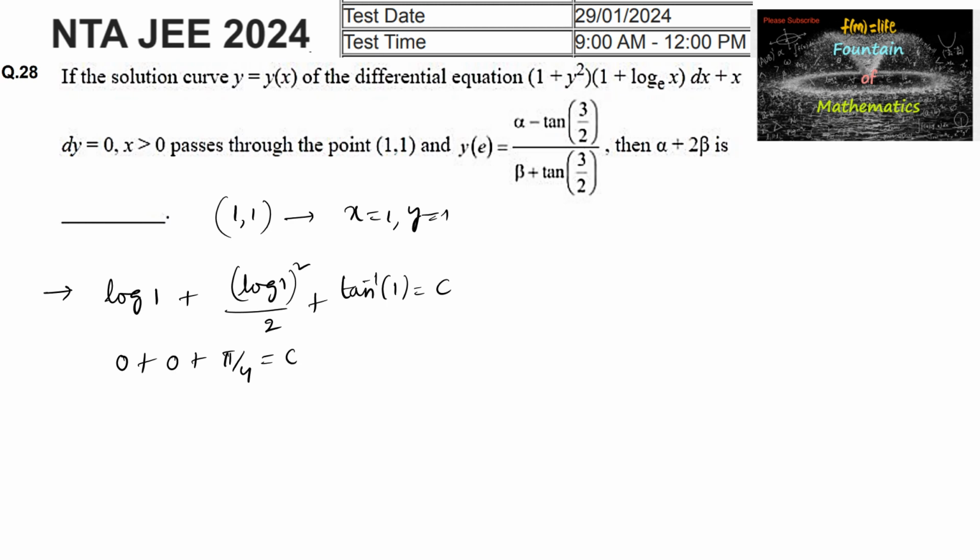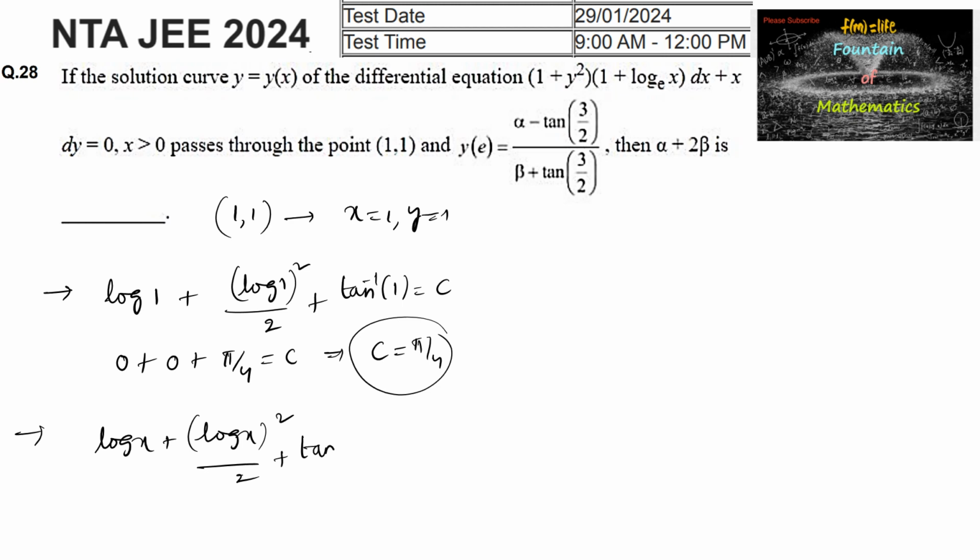So we're getting c value is pi by 4. So we can write the equation as log x plus (log x)²/2 plus tan inverse of y is equal to pi by 4.